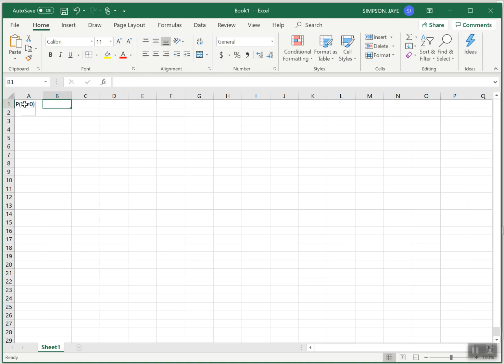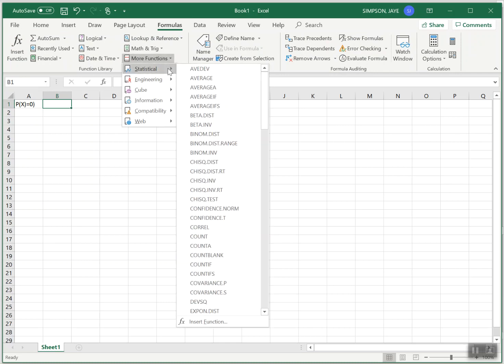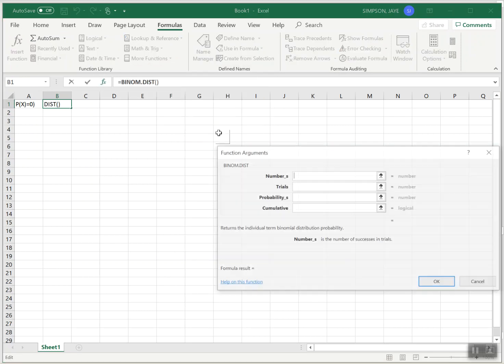And so if you remember, our formula was binomial distribution, and then we can start just typing this in, or we can go up here to our formulas. Let's go up here to our formulas part, and I want More Functions, and I want Statistical. I'm looking for binomial distribution, so that's BINOM.DIST there.